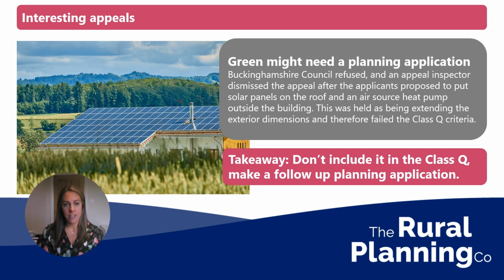But in terms of the actual Class Q, it extended the exterior dimensions of the building, and therefore, point blank, failed the criteria of Class Q. Regardless of whether putting those solar panels and air source is a good thing, it just failed the Class Q. So don't include that on your Class Q application. You can always go in for a planning application afterwards if you want to do those things.